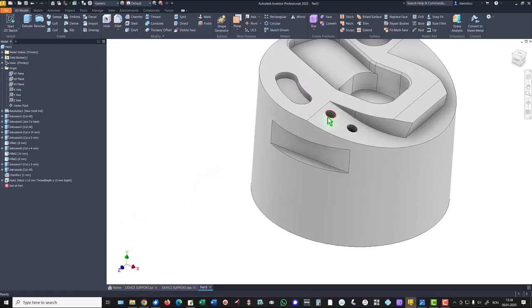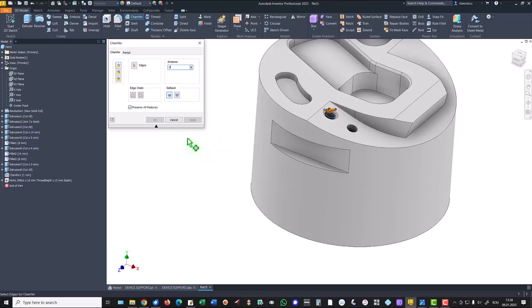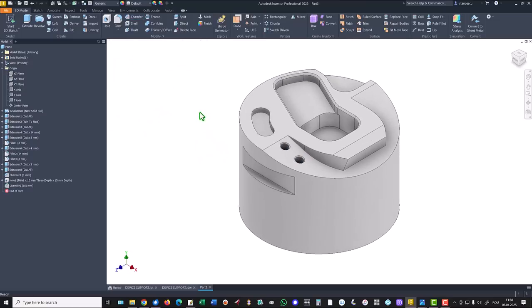I also place here the chamfer of 0.5 to both holes. Okay. Now we apply mirror. Mirror of not chamfer, because chamfer is from the hole. Hole, chamfer.